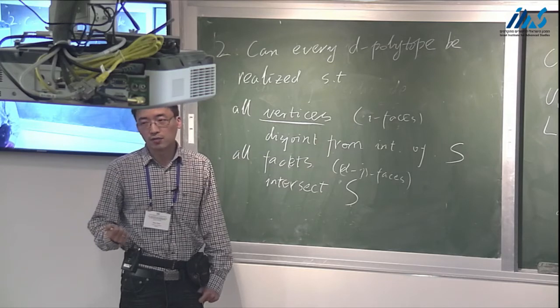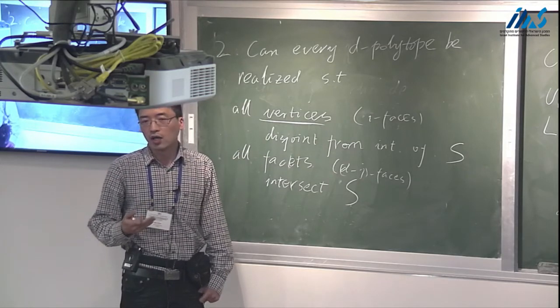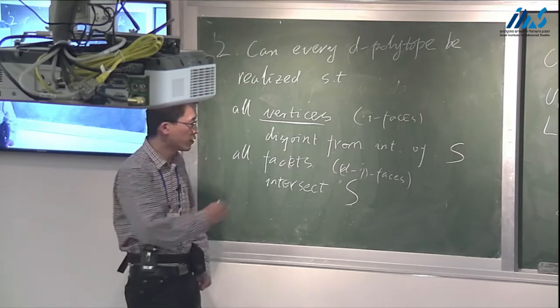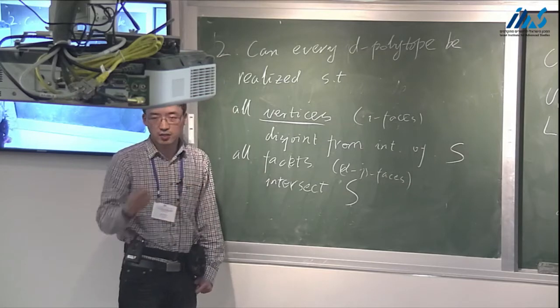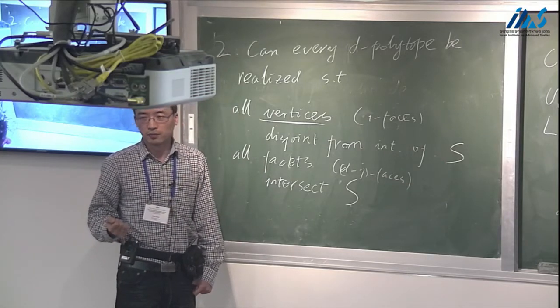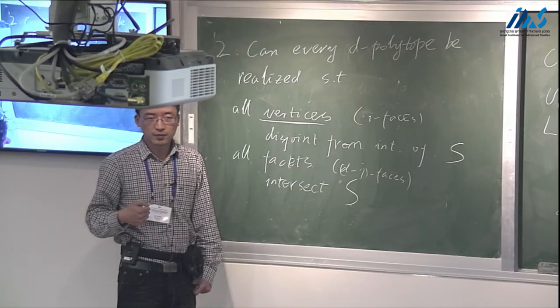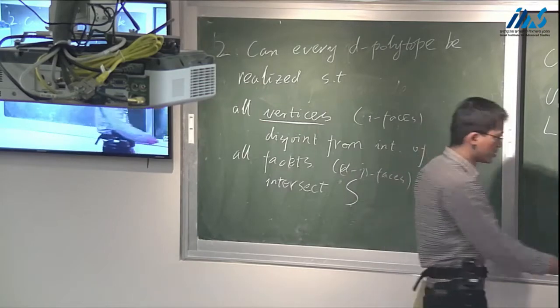But tangency is a very strong condition. So if we lose the condition, and just ask that every vertex is outside the sphere and every facet intersects the sphere, can it always be realized? Yes, those are the two problems.